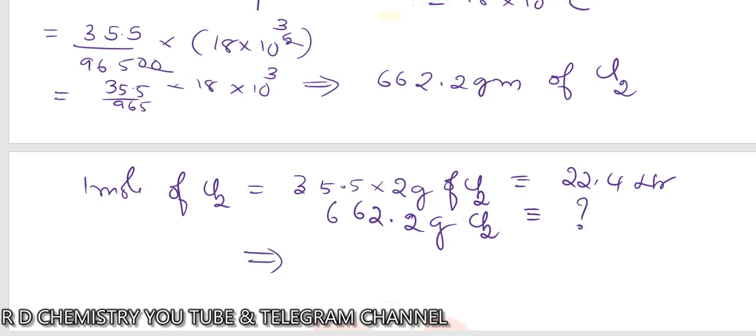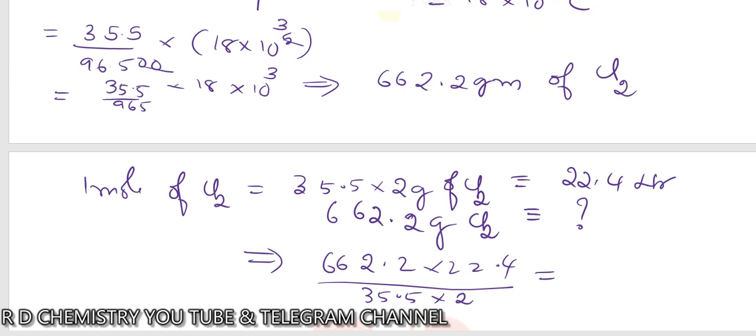We'll have to cross multiply: 662.2 into 22.4 whole divided by 35.5 into 2. This comes to 208.9 liters, or you can take it as approximately 209 liters. Okay, this is one method.